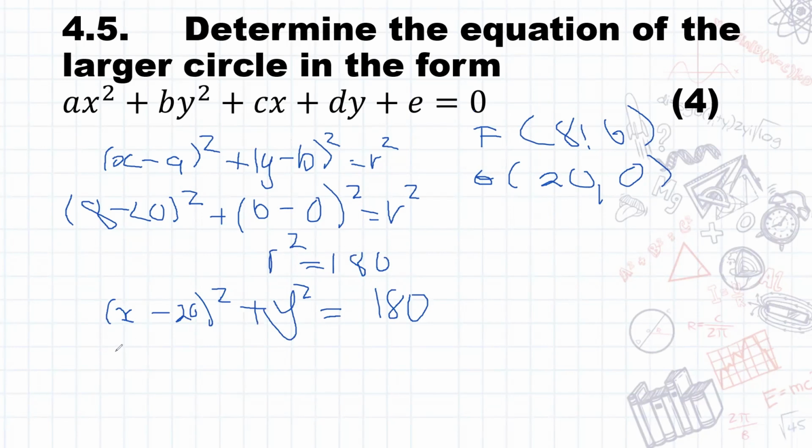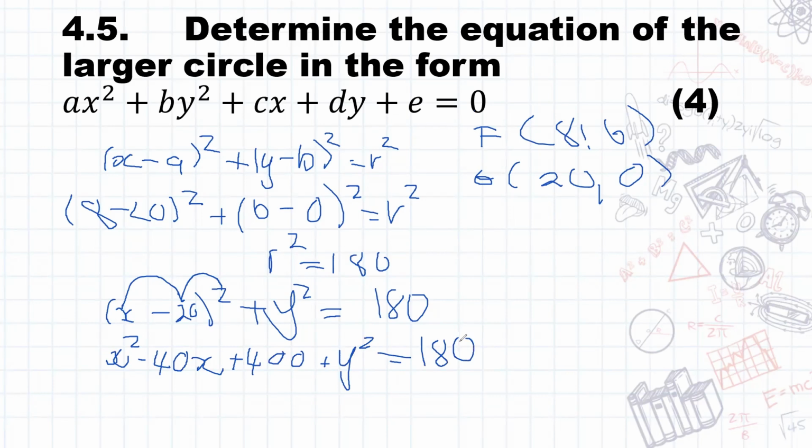So it's going to be x squared, and then x times minus 20 is minus 20x times 2. Do you see that's the McDonald's arch there? Is minus 40x. And then minus 20 squared is 400 plus y squared is equal to 180. And now we're just going to rearrange the equation so that it works according to this. So what I'm actually going to do is be very, very lazy.